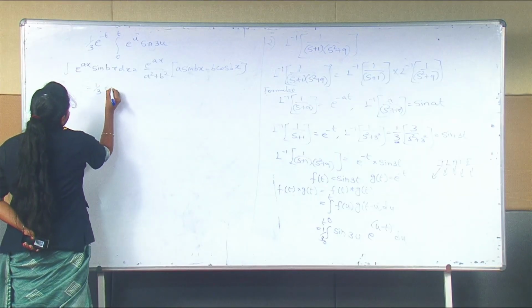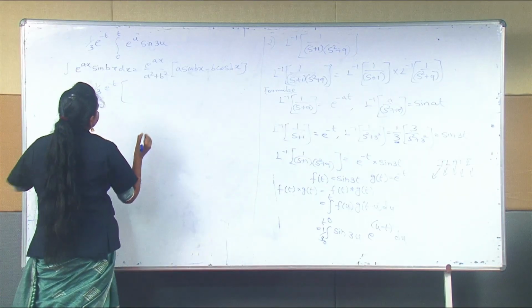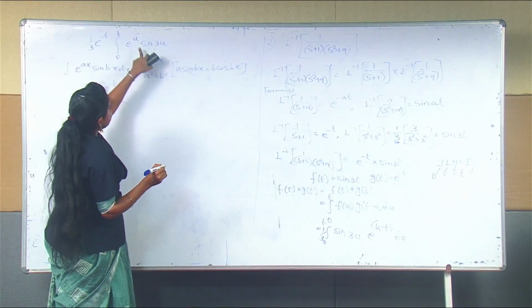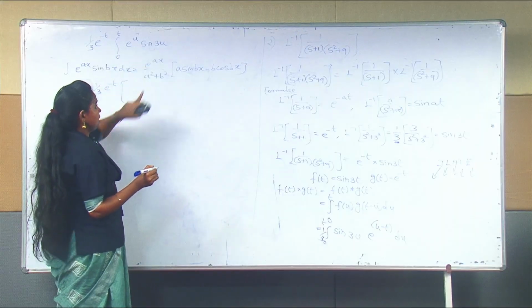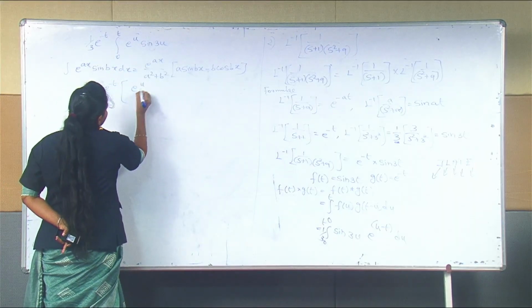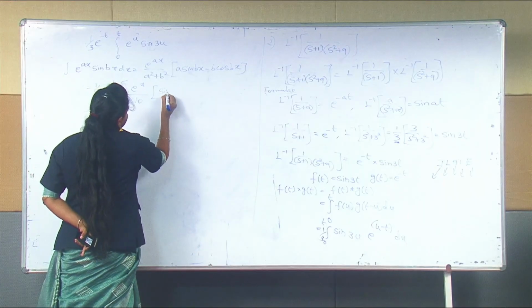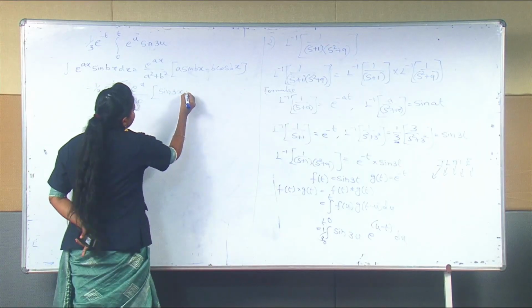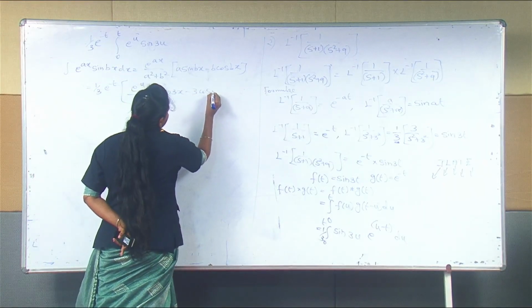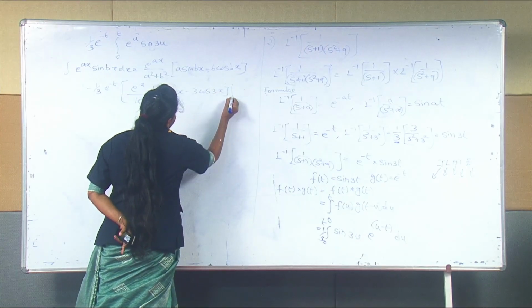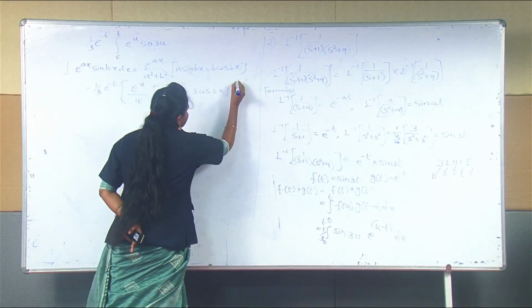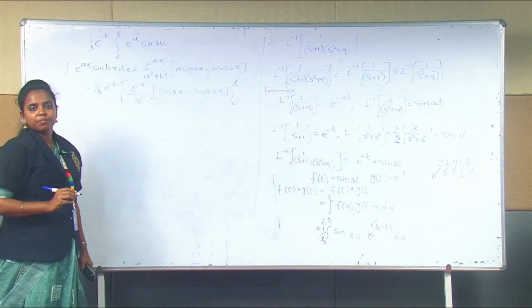Finally, you are getting e power minus t, e power au. Here a is 1, b is 3. So e power u divided by 10, into a is 1, so sine 3u minus 3 cos 3u. Okay, here you are going to substitute limits also.